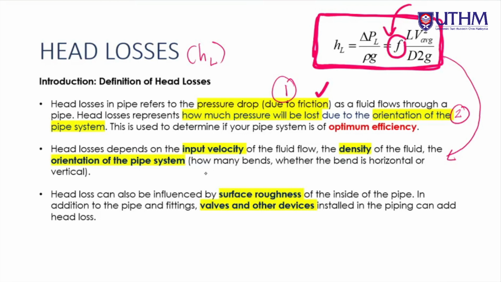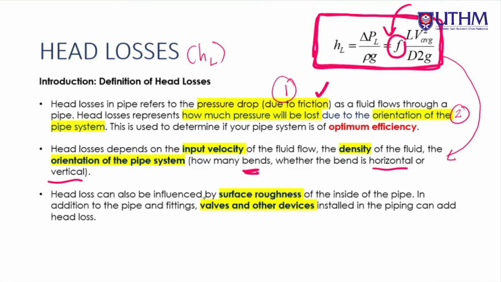Kan sebelum ni kita hanya introduce the losses due to friction. However, due to the orientation of the pipe system, macam kalau dia ada bend ke, dia bentuk-bentuk dia horizontal or vertical, dia ada effect juga kepada losses in pipe system.